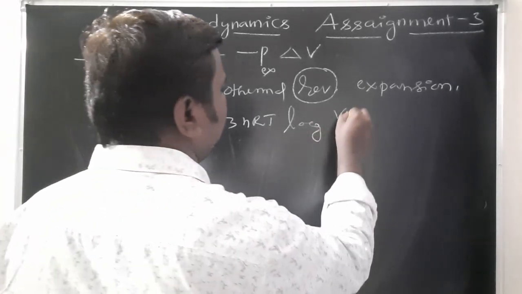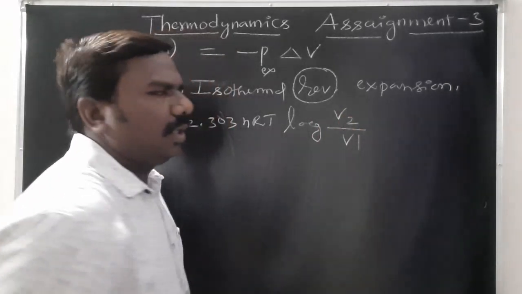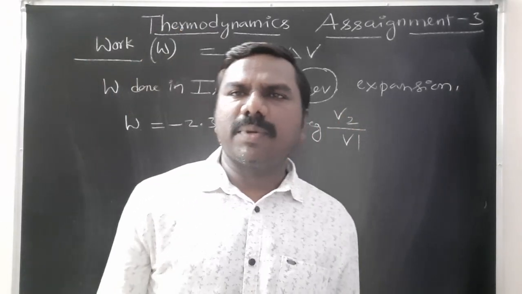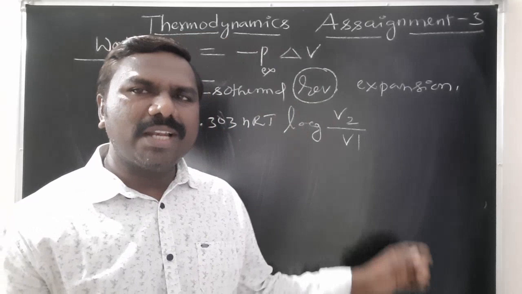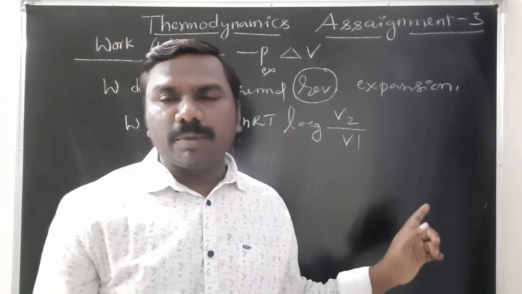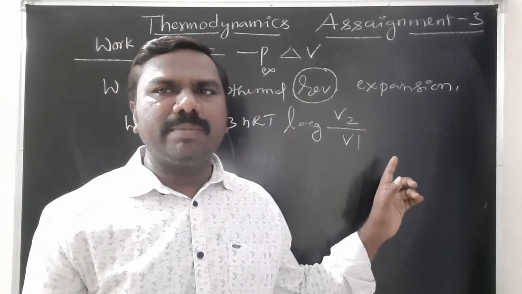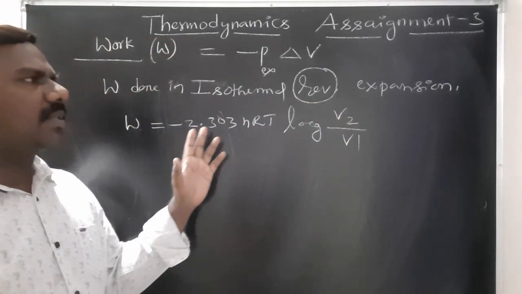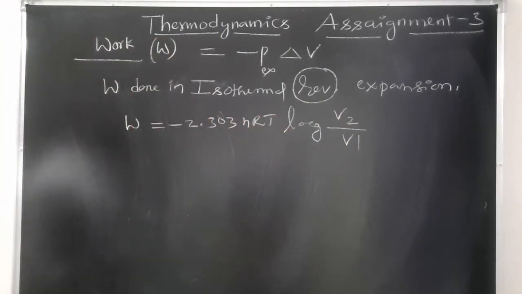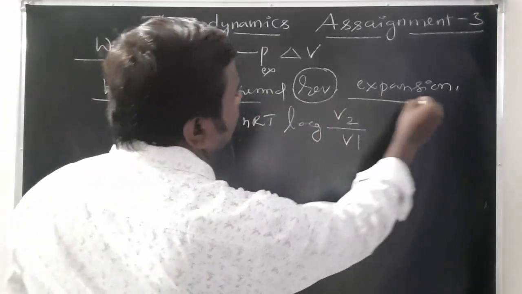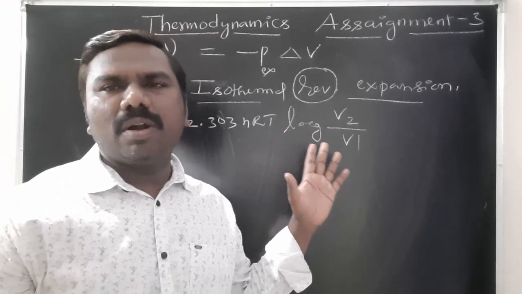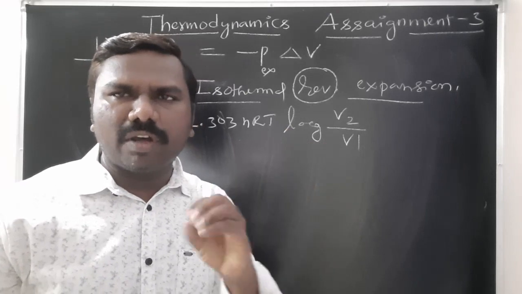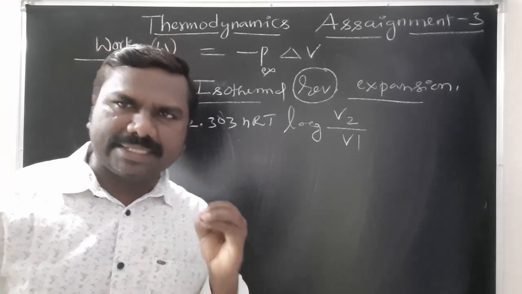You know the pressure and volume relation as per ideal gas, Boyle's law: volume is inversely proportional to pressure. So V2 by V1 can be taken as P1 by P2. It is the work done in reversible isothermal expansion. Students, there is a big derivation, but I am not giving derivations, I am making you remember the direct formulas, that's it.